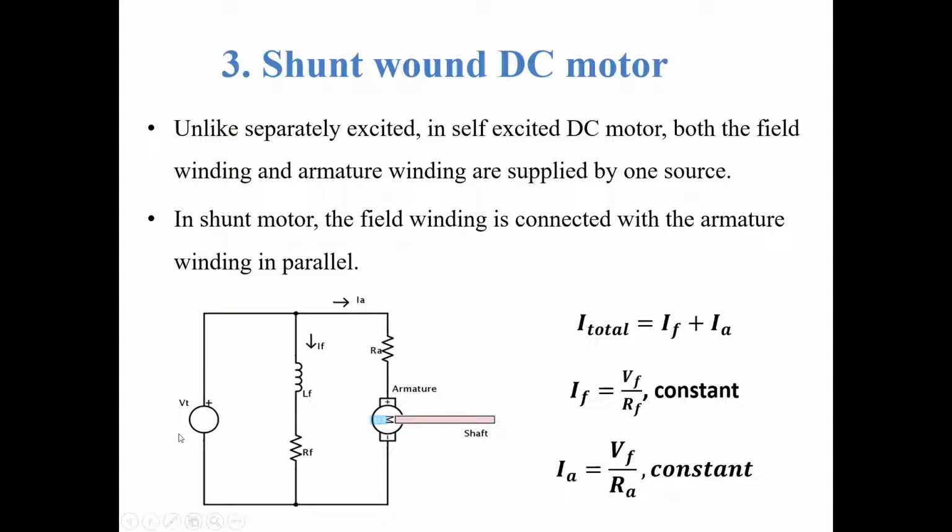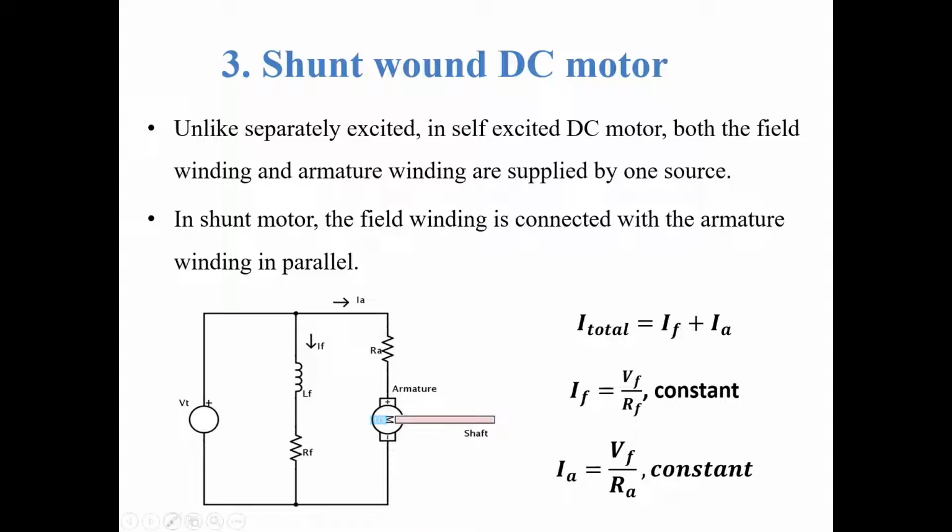That single DC power supply is given to the stator part or the field winding, and the armature winding. The armature and the field windings are connected in parallel to each other. Therefore, it is quite easy to make the DC analysis.